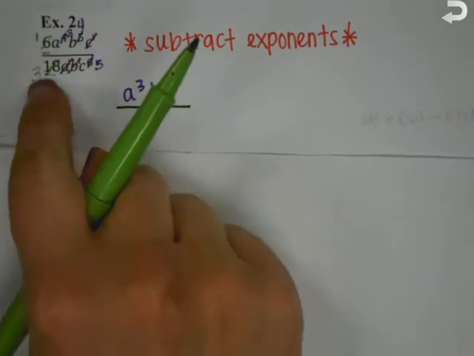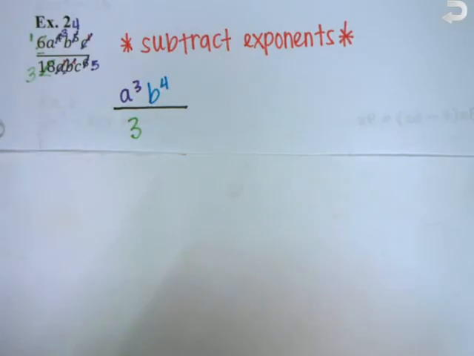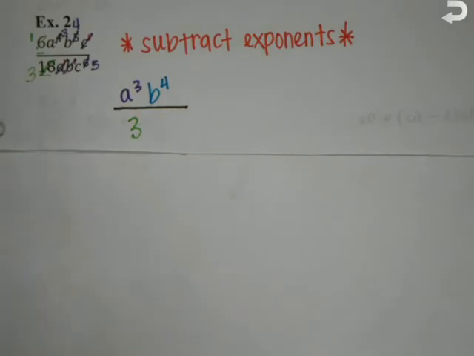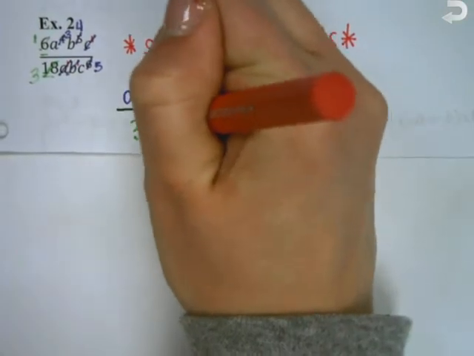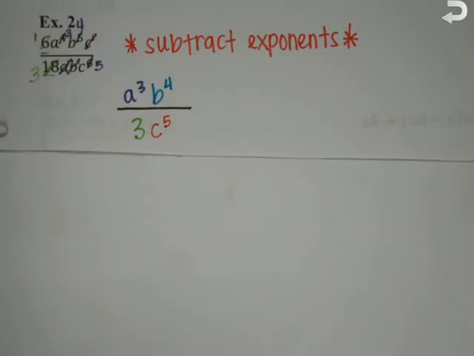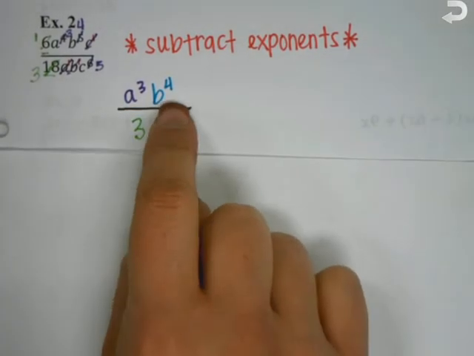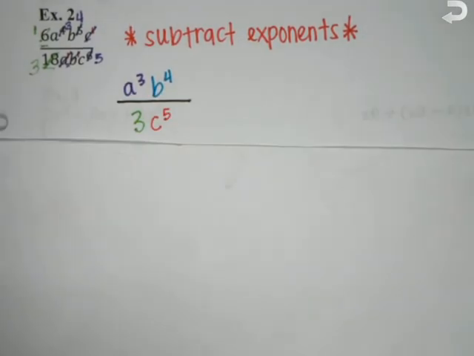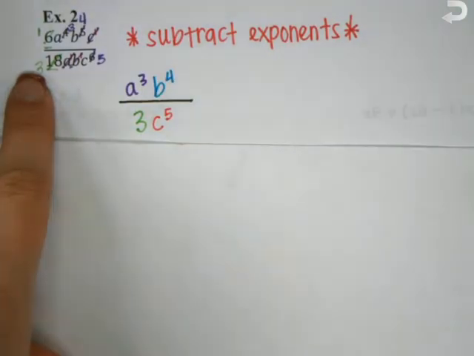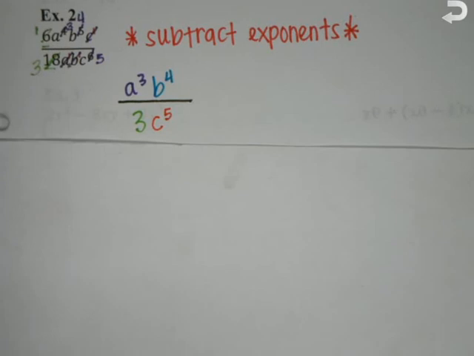And c to the 5th. You do not have to put the 1 on top. Because we have a and b here, we don't have to put the 1. The 1 is only a placeholder if there's nothing else up there. Correct. If you wanted to, you could have expanded it all and canceled everything out. Okay? But remember, I did show you the shortcut.